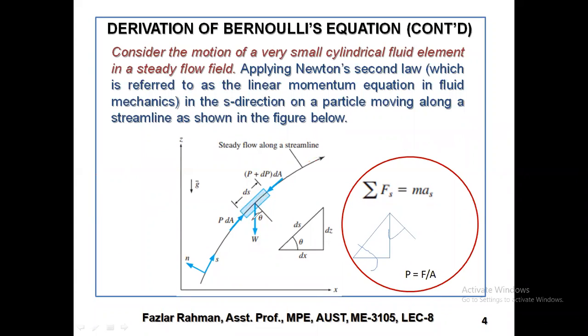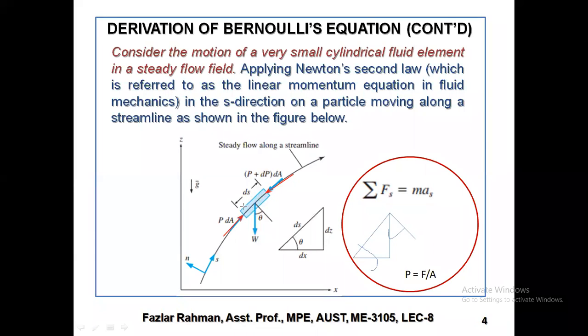Now, you see how much force is working on the left side? Pressure into area, that means P into dA. How much pressure is working along the opposite direction? P plus del P into dA, right? The length of this fluid element, we are thinking, is ds.